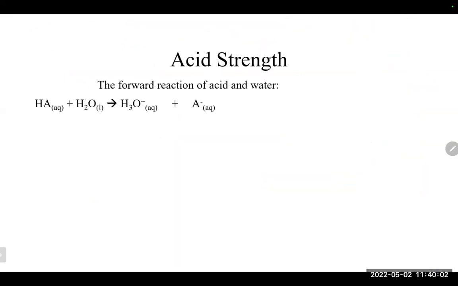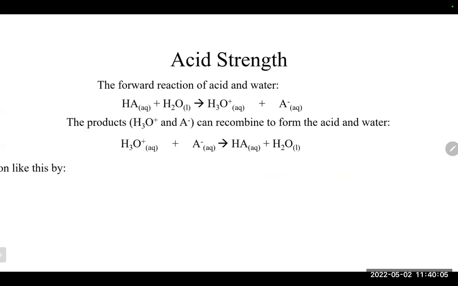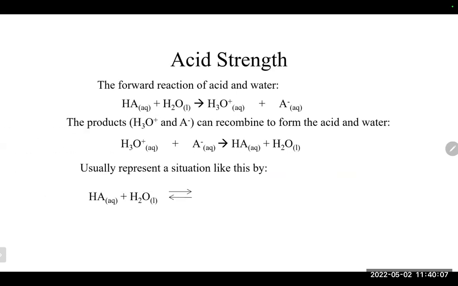So let's talk a little bit about acid strength here. If the forward reaction of an acid and water occurs, at some point it can go back the other way. So at some point the products here can recombine once they reach a certain level and head back the other way. This is really what happens with a weak acid. And again, we know it's a weak acid because we see those arrows heading in both directions, meaning that it is a weak electrolyte.